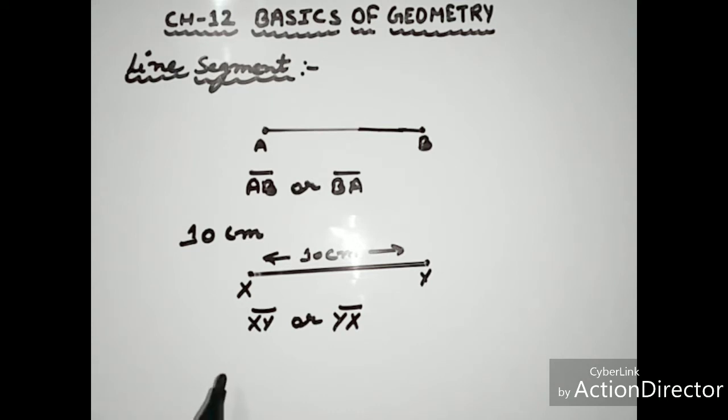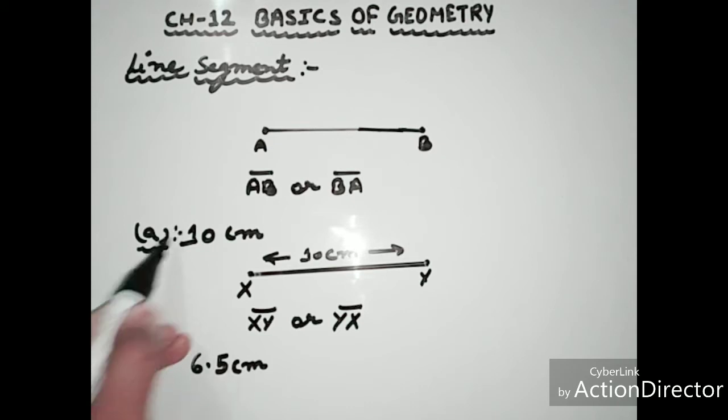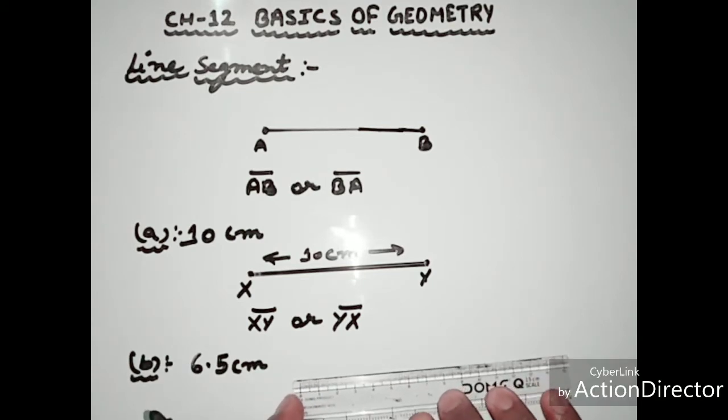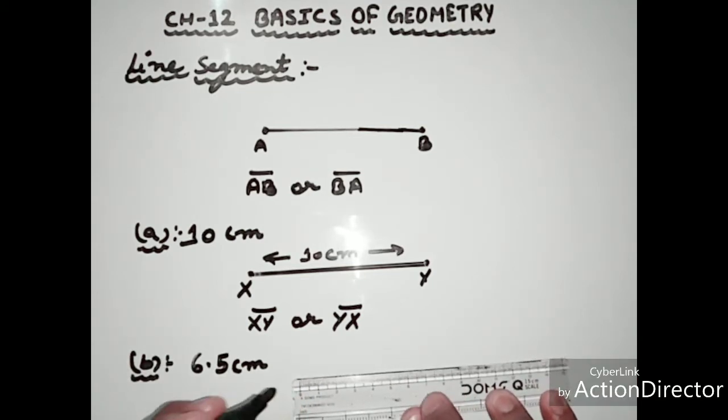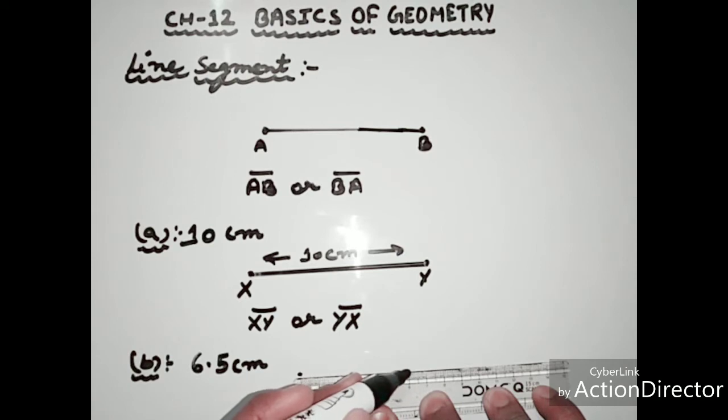We also draw another line segment, 6.5 centimeter. Now here we use this scale. First we mark a point on 0 and the next point on 6.5. 6, then 1, 2, 3, 4, 5 here.